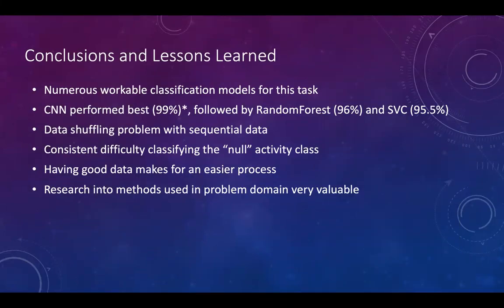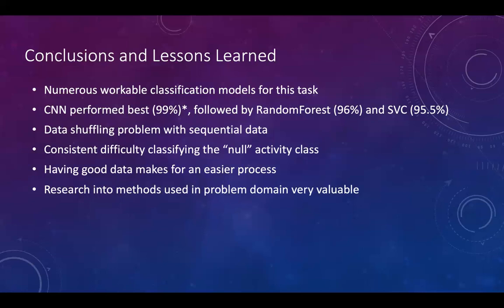So, conclusions and lessons learned from my project, in no particular order. I could see that there are a number of different classification models that work well for this task. Of course, for me, the convolutional neural network performed best, assuming that it was a valid convolutional neural network, followed by Random Forest and the support vector machine classifier.